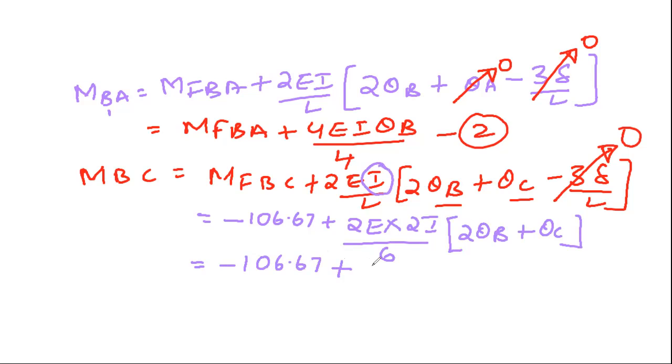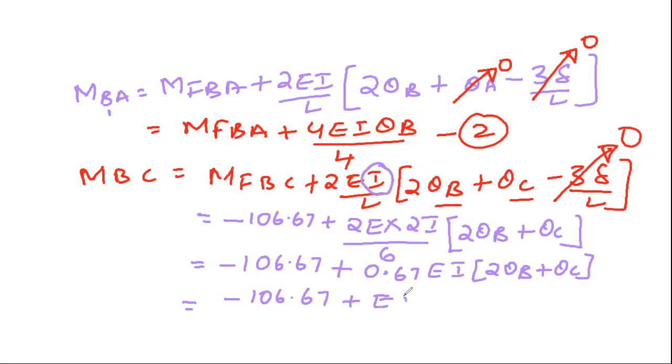So 2 by 3 is 0.67 EI into 2 theta B plus theta C. And if you solve it, you will be getting minus 106.67 plus, if you take EI common, 1.333 theta B plus 0.67 theta C. Take it as equation number 3. Please pause it and note it down.